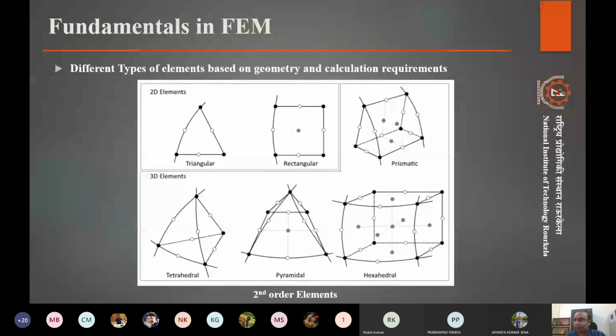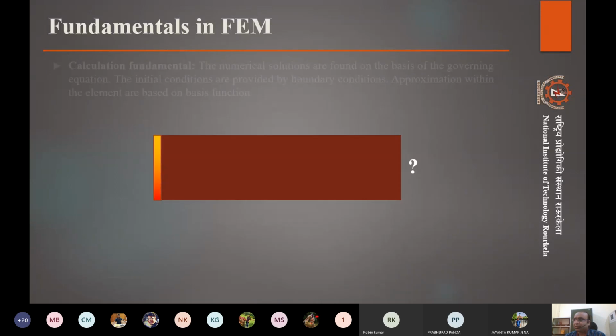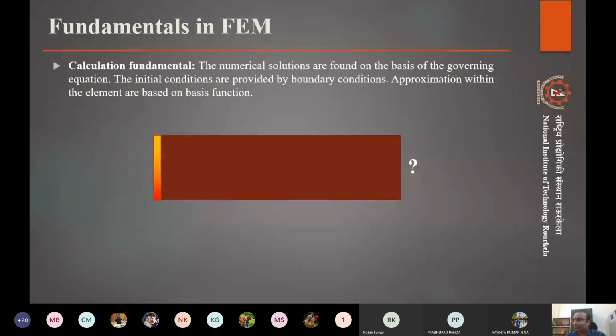So if we have a circle, it will be better to use second order elements so that the curved shape can be better represented. Otherwise, the approximations may give different results. So depending on what kind of simulations we are doing, we use different order elements. But how are the calculations done? So, basic calculations are done on three things.